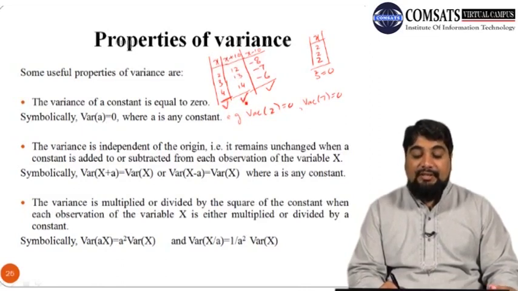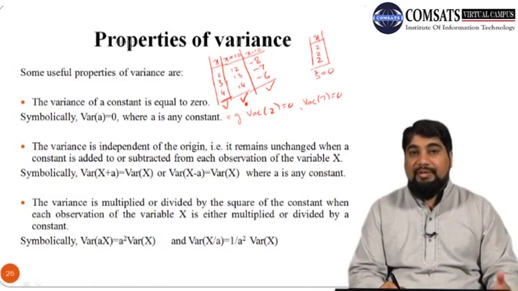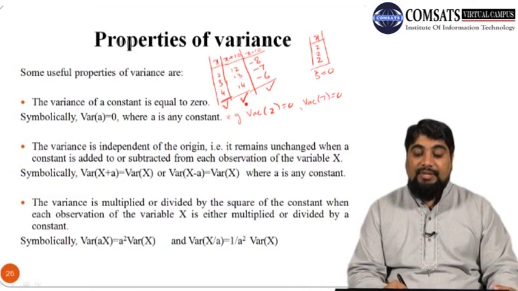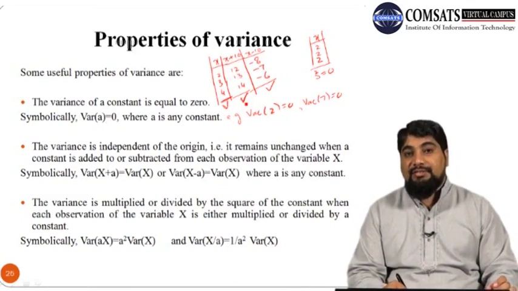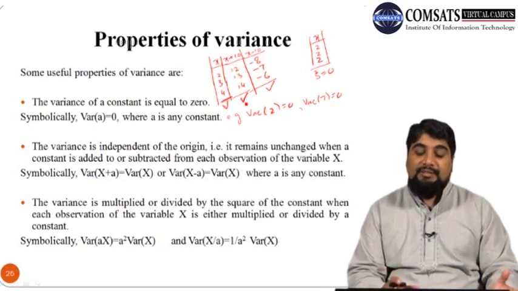So it means by adding a constant number to a variable or subtracting a constant number from a variable, the variance will not be affected. Or in other words, we can say that variance is independent of origin. Shifting the origin means we are adding something or subtracting something.